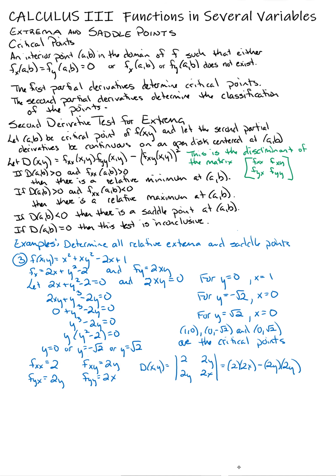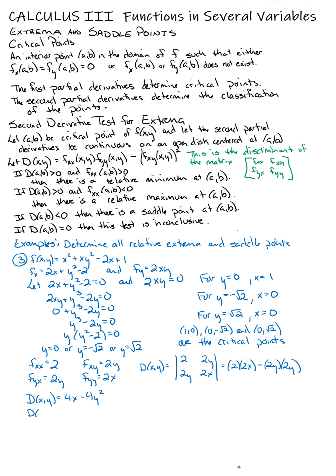Of course, if you don't remember how to find the discriminant, you can simply use the formula: f sub xx times f sub yy minus f sub xy squared. Either way, you should end up with the same thing. We end up with D of x, y is equal to 4x minus 4y squared. Now all we have to do is evaluate this at each of those critical points.